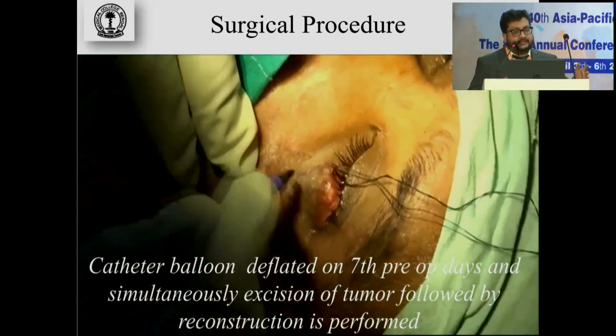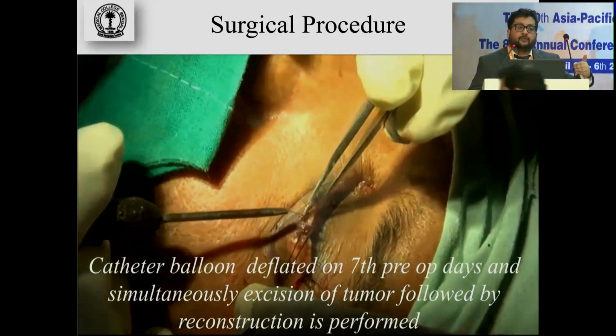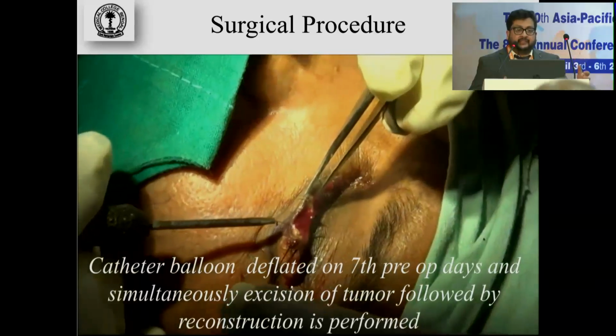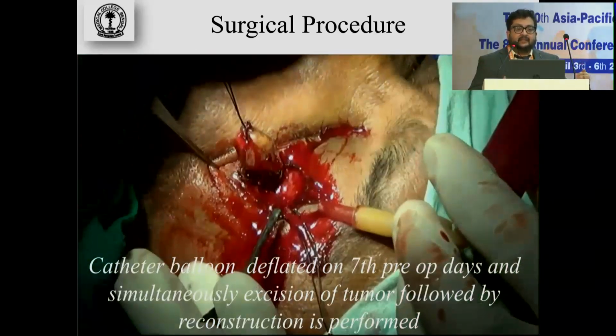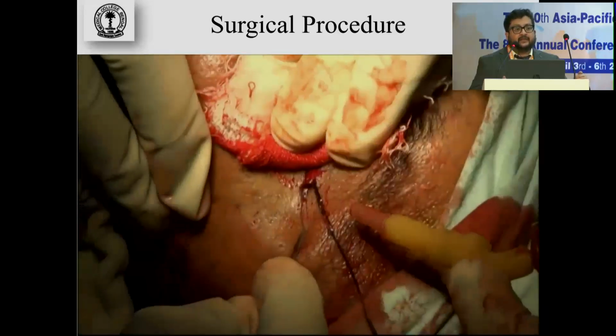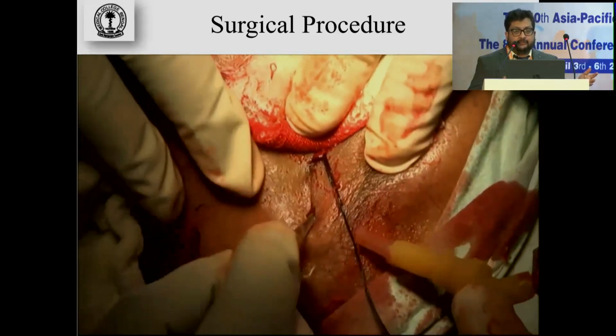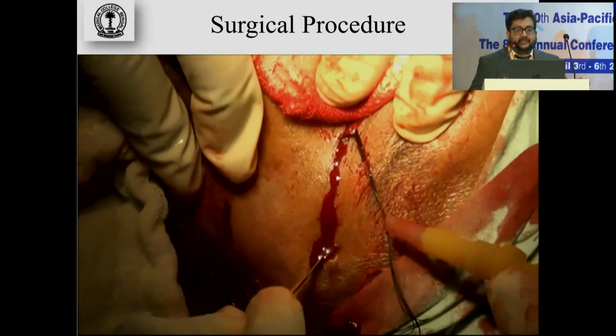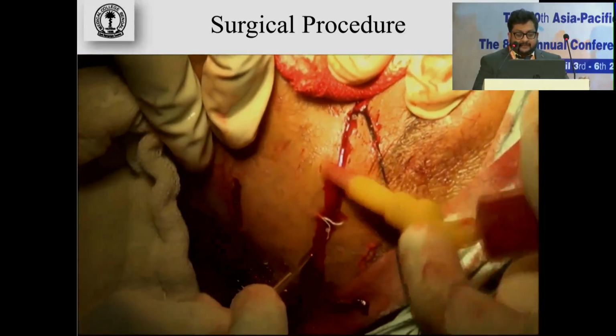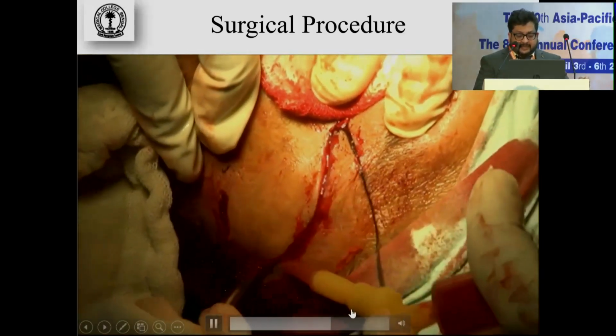As Dr. Ostrich has described, if we keep it more, the tissue will become rigid. If we keep it for a very short time, then the tissue will not be expanded adequately, and more tissue mobilization will be required. Now in this study, we have kept it for 7 days. Even with 7 days, the result is not bad.